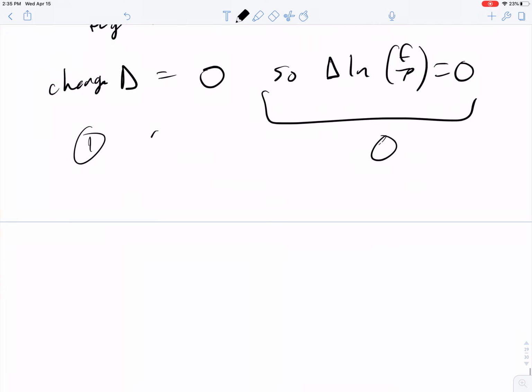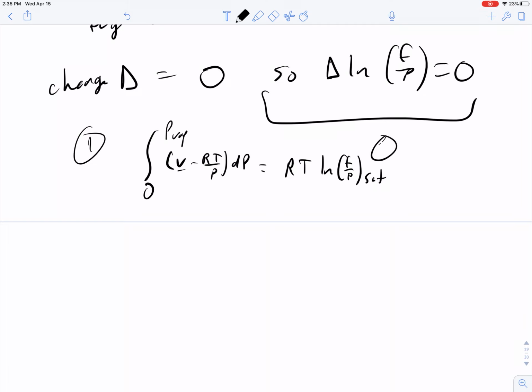And we're going to go now from 0 to P vape, of V underbar minus RT over P dP. We're going to break this integral up into the two respective parts. We can do this first one. This is going to be equal to RT log F over P, the saturation pressure where this vaporizes.